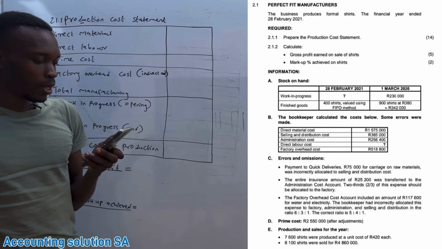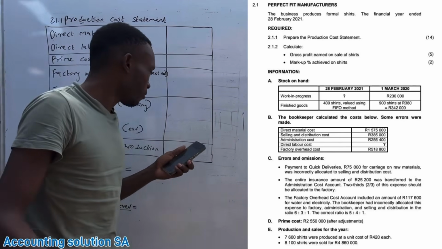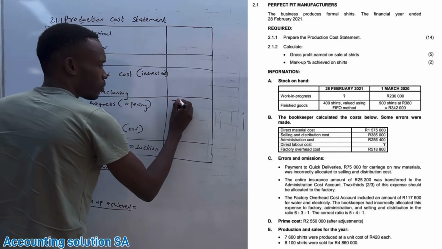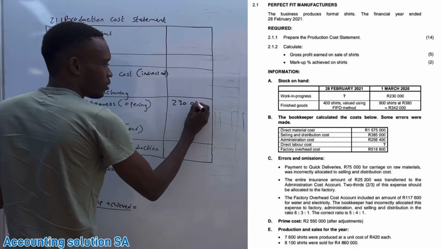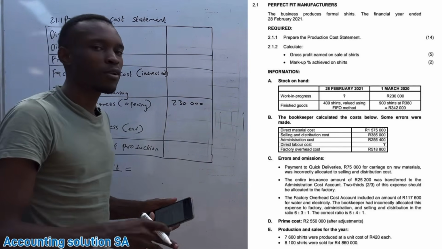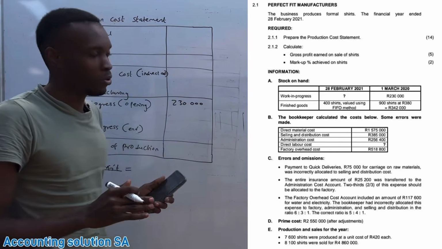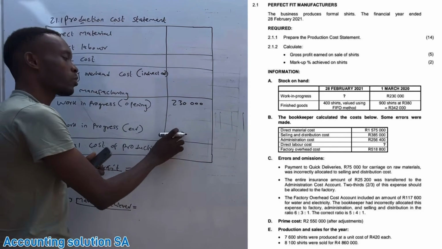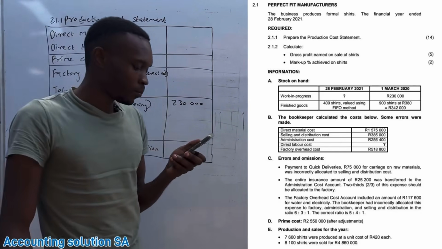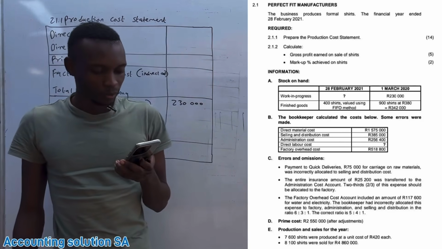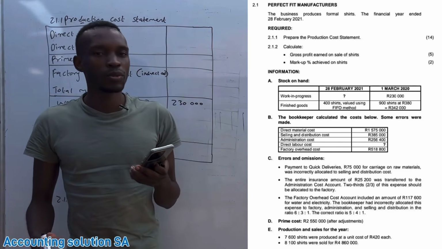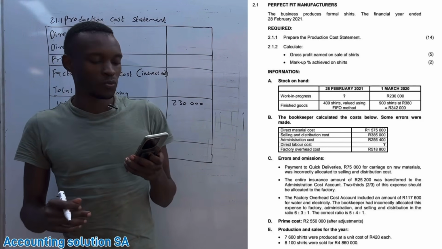Then the balance at the beginning, work in progress, we have it: 230,230. It's fine. You can start anywhere, guys; as long as you have an available balance, you can just record. The balance at the end we're going to put here, but we don't have it. Okay, then let's proceed. Finished goods, we're going to do it when we calculate cost of sales.